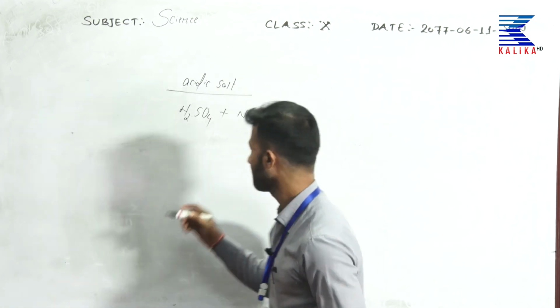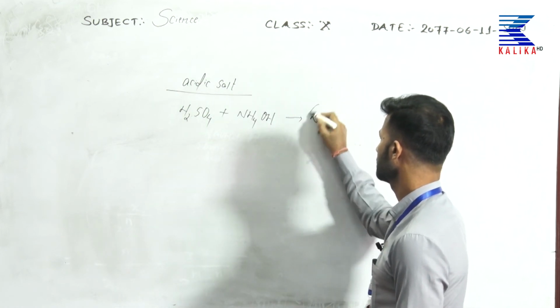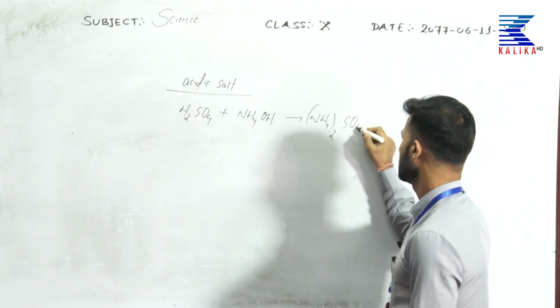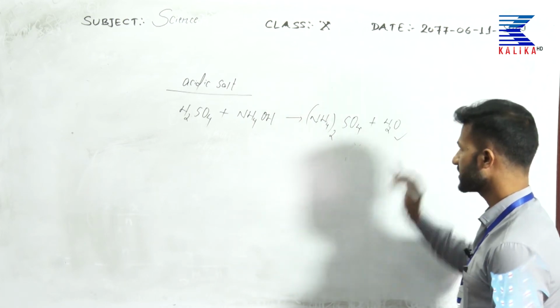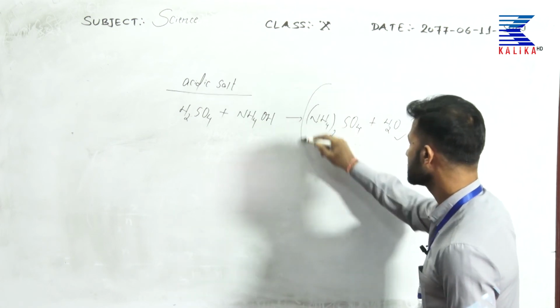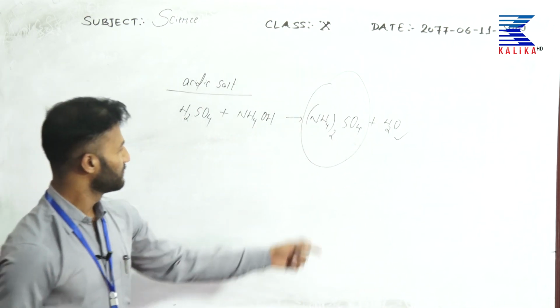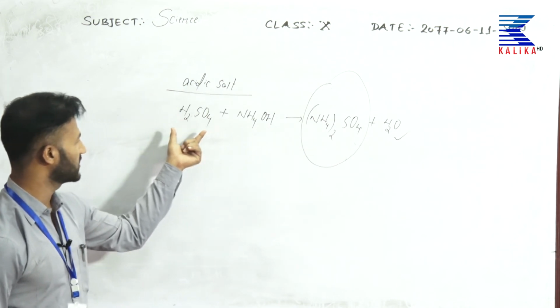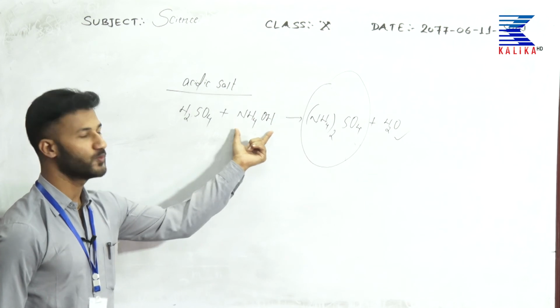What happens? It forms ammonium sulfate plus water. This is acidic salt because it is formed after chemical reaction between strong acid and weak base.